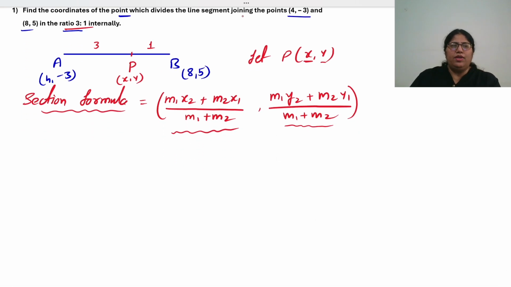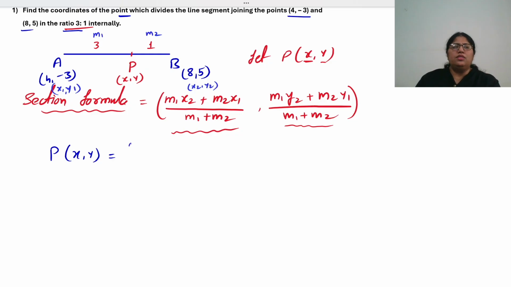Now how are we going to take it here? Let us start substituting the values. What is your m1 value here? If you see the first ratio, this is your m1, this is your m2. Now I can take the first point as (x1, y1), and the second coordinates as (x2, y2).